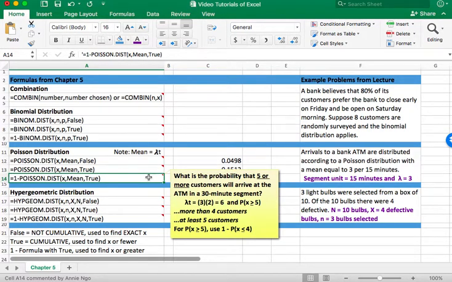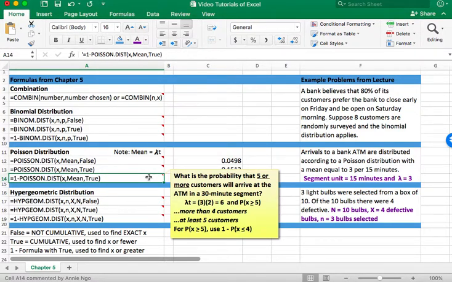Now again, in italics below, I've rewritten how the word problem could say the same thing in a variety of different ways. It could have been written as more than 4 customers or at least 5 customers. So hopefully, as you see the different ways the same thing can be said, you'll start to remember to keep an eye out and not make errors in the way you set up your probability statement.